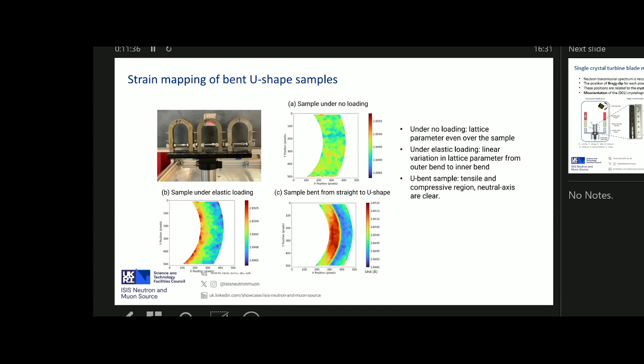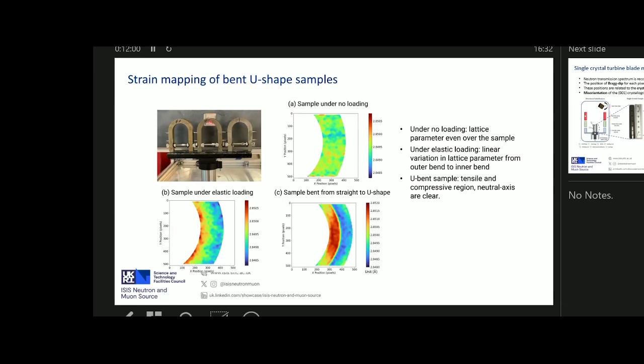So you can see from the Bragg edge imaging, the color represents the lattice parameter of the material. For the one without stress, you don't see much variation across the sample because no stress is applied. For the second one, you can see a linear variation from the outer band to the inner band because of the elastic stress applied.